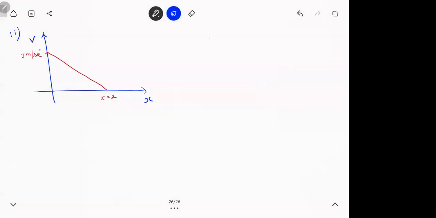Question is, find acceleration at x is equal to 0, x is equal to 1, and x is equal to 2. Next thing, plot Ax graph. So a Vx graph is given, and I'm asking you acceleration at 3 different positions, and you need to plot Ax graph for this. That's the question. That is all the information you need in the question.